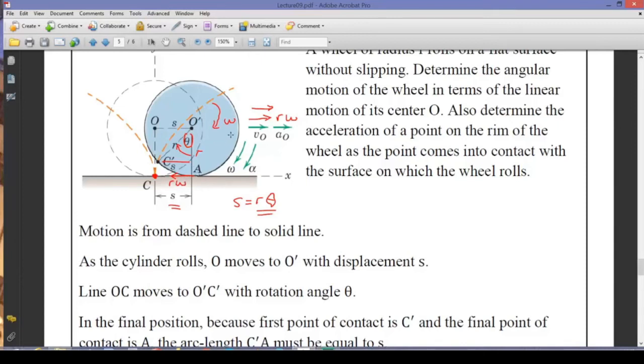So it has r omega minus r omega speed. That means it has a zero speed at point A. So at the point of contact, if you have a wheel which is rolling without slip, its absolute speed is equal to zero. However, it has a relative speed with respect to the mass center, and that's r omega in the opposite direction of motion.